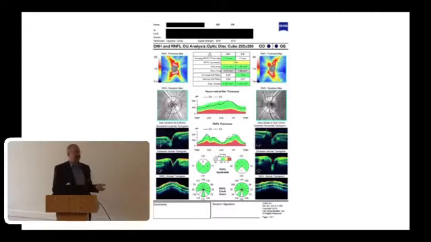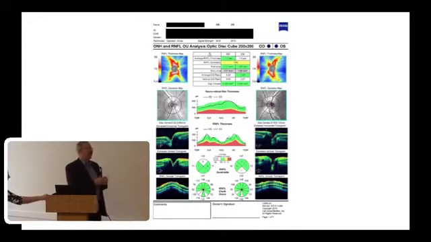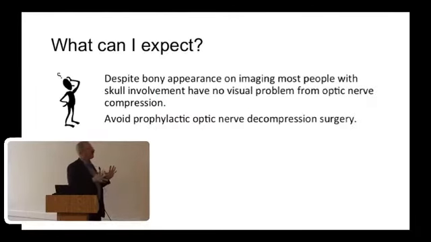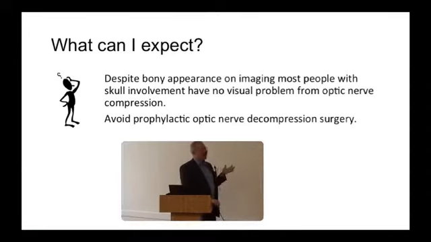Well, in this particular case, because there's a compression of the optic nerve in some sense, and obviously bone is the obvious candidate if you have McCune-Albright syndrome. So despite having this ugly bony encasement, the vast majority of people don't have eye problems from it. So you should avoid prophylactic surgery.